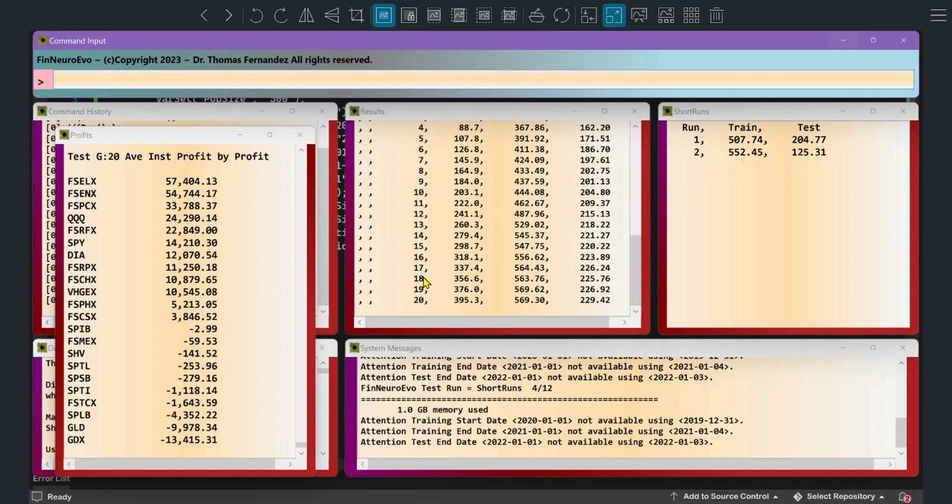You see there's a bunch of windows on the screen. Down here is system messages. This is the results of a current evolutionary run. The first column is the generation number. The second column is how many seconds have passed.